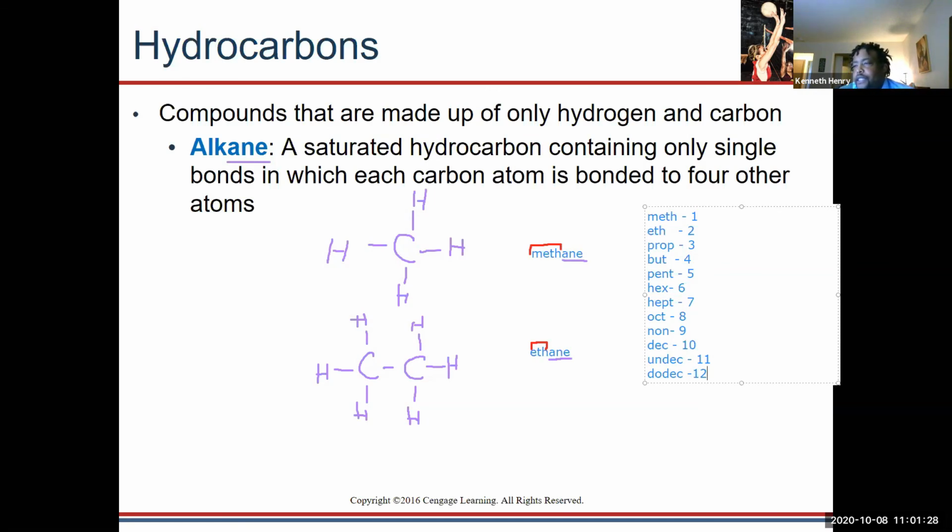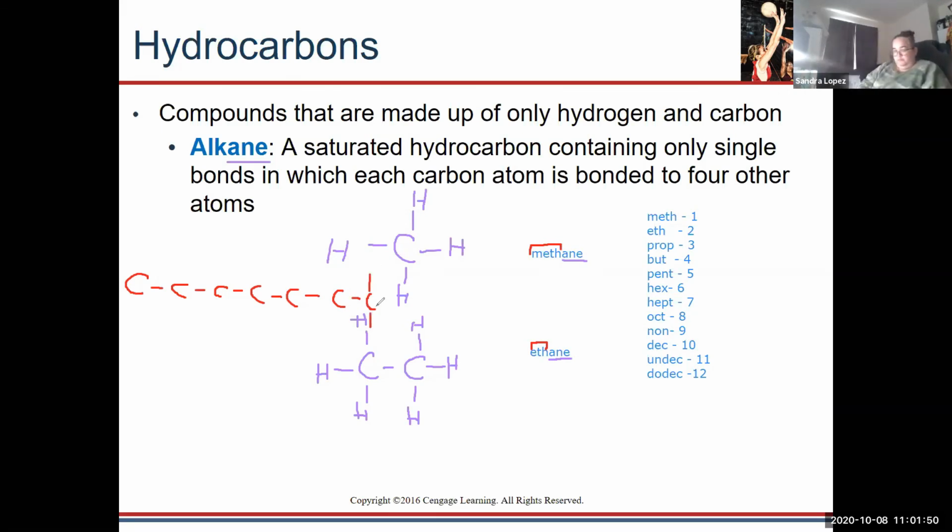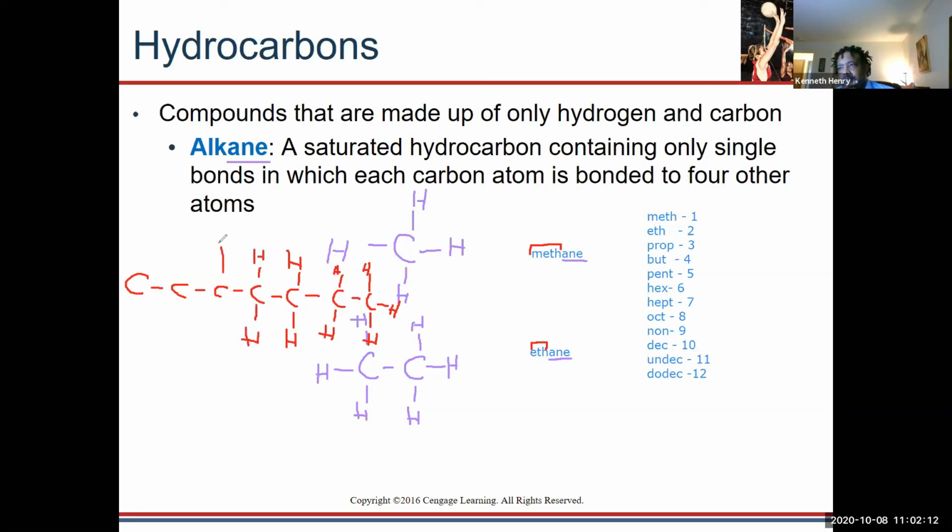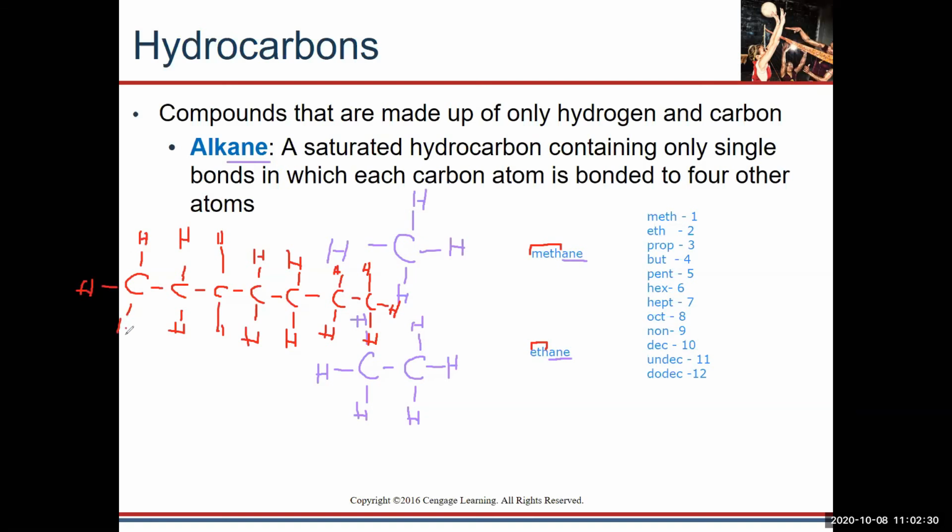Okay. Questions, concerns? Okay, so if I have a carbon structure that has 2, 4, all single bonds, what is that structure going to be?